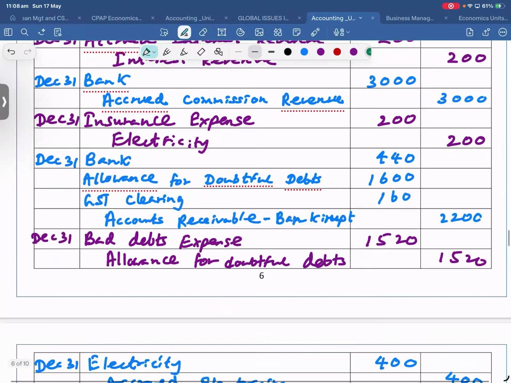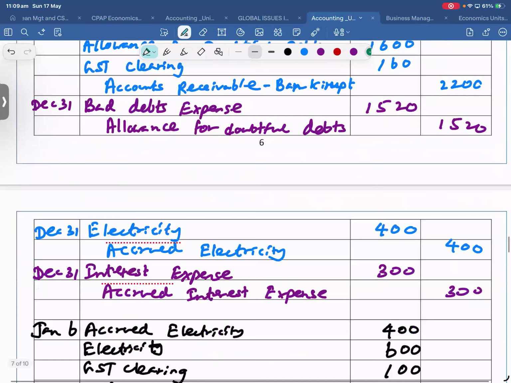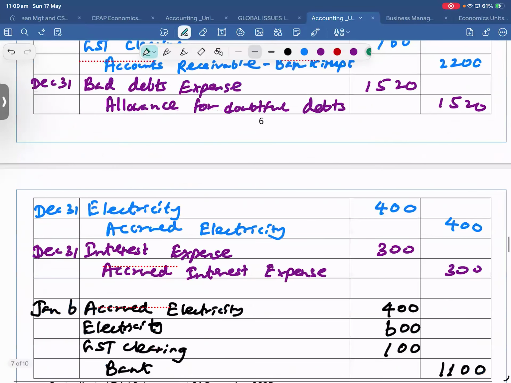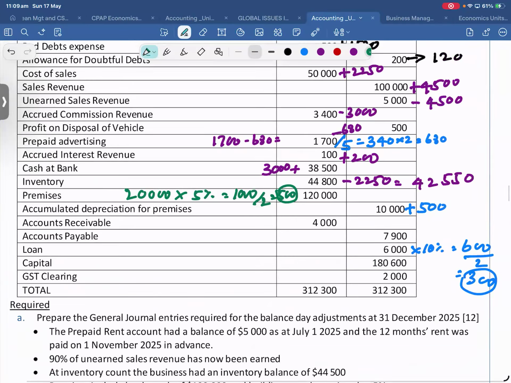That means bad debts is also going to change. Yep. Everything we had to change. So this one, guys, I haven't updated bank. Allowance for doubtful debt, we updated this. We did 1600. Yeah, we'll have to redo it. Bank, we'll start from bank. Bank is 440.